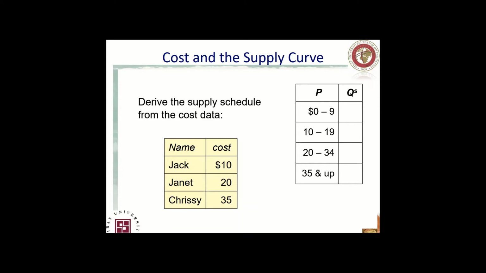Now look at the lowest price here, Jack, 10. So we go from 0 to 9, one less than this price here. We will get no selling at all. Then you can move from 10 to one less than the next one. Then you can move from 20 to one less than the third one here, and then 35 and above.